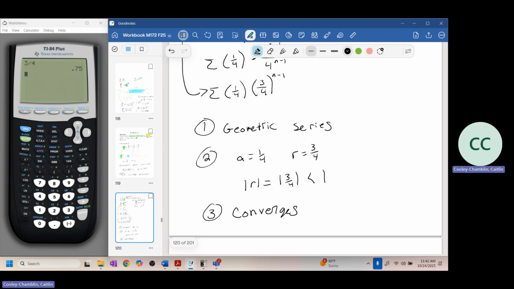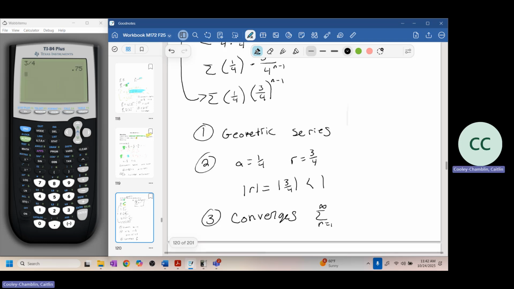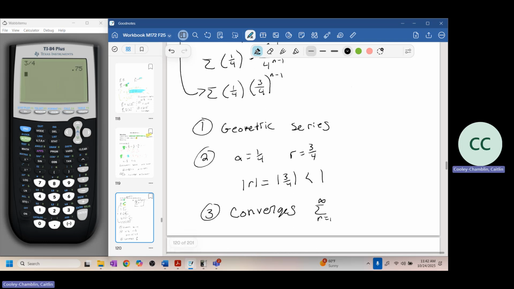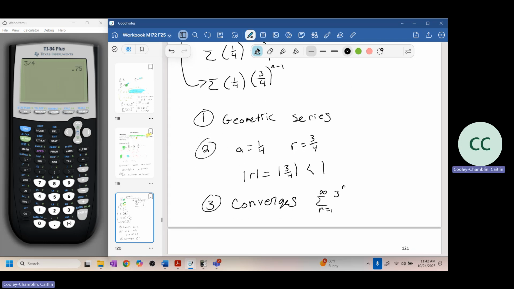By the geometric series test, the series, the summation of n equaling 1 to infinity of 3 to the n minus 1 over 4 to the n converges. So just some bullet points of what in the world is going on. All right.